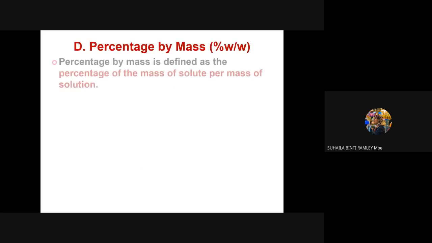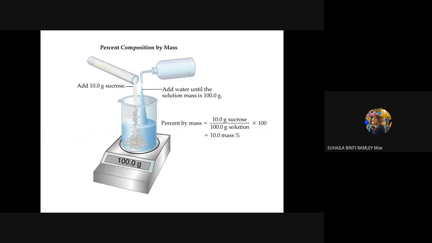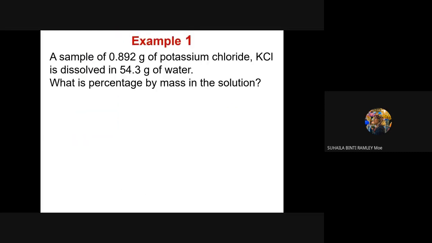Okay, percentage by mass: mass of the solute over mass of solution, in percentage, means times 100. What is the percentage by mass in the solution? The formula is percentage by mass equals mass of solute over mass of solution times 100.